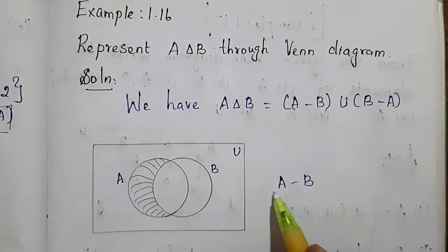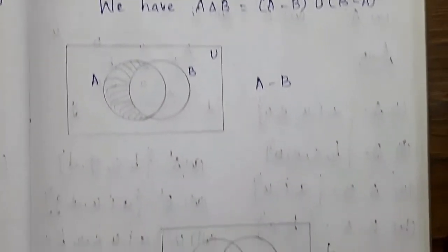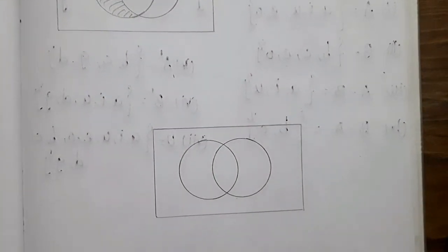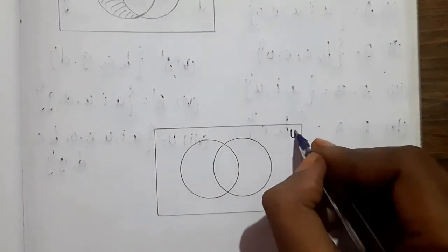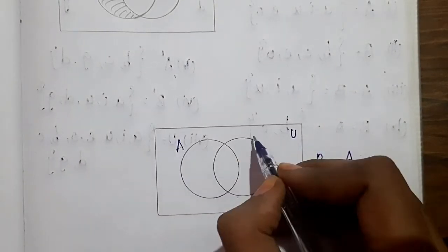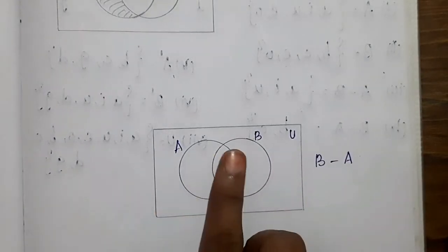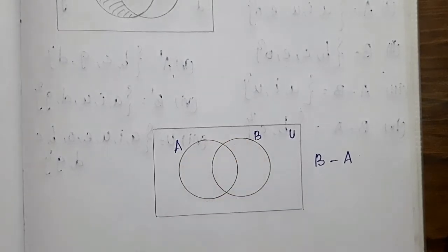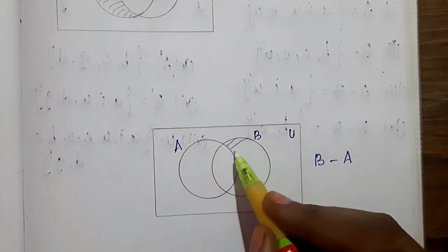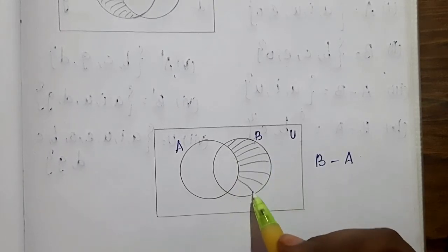So it is A minus B. Next one is B minus A. It is universal set, A, B. From B set, remove A. When you remove A, you will get only these B elements. This is B minus A.